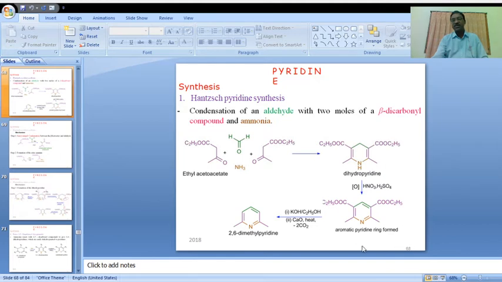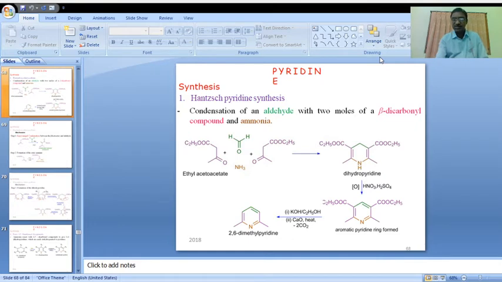From this pyridine ring, removing carbon dioxide and ethanol in presence of potassium hydroxide base and calcium oxide, finally we get 2,6-dimethyl pyridine. It is a substituted pyridine. At the second and sixth positions there are methyl group substituents, so it is called 2,6-dimethyl pyridine.